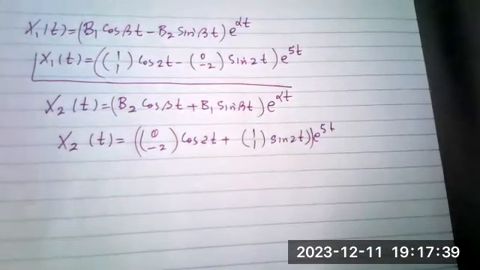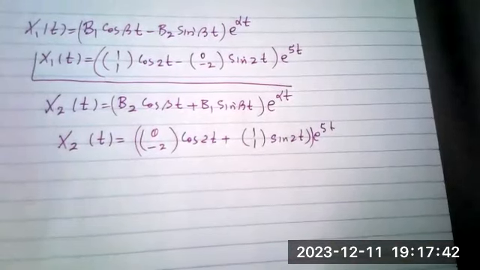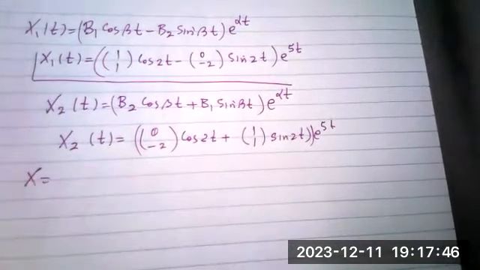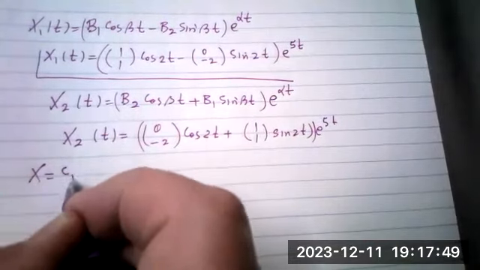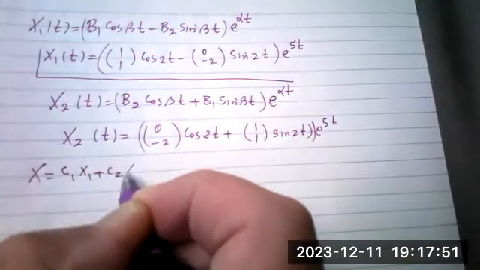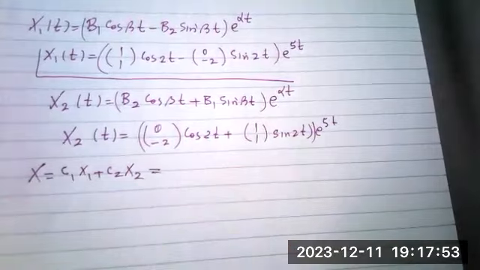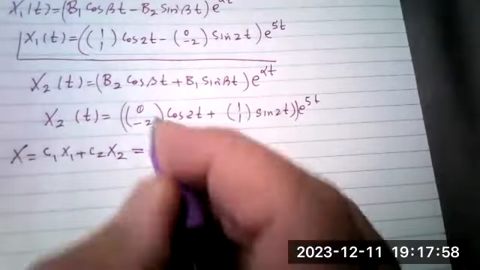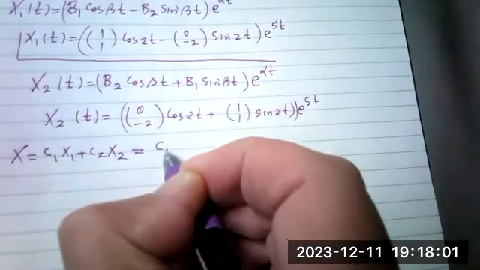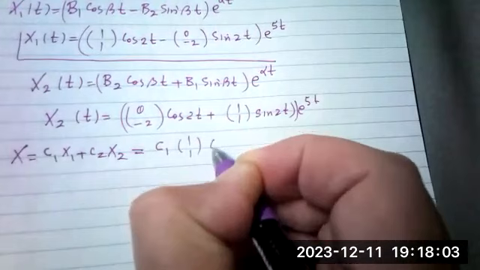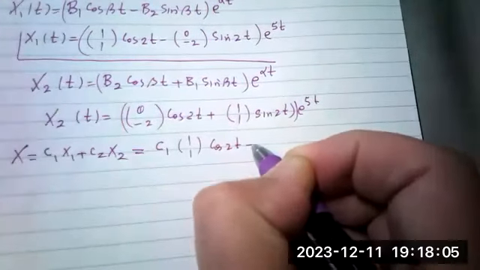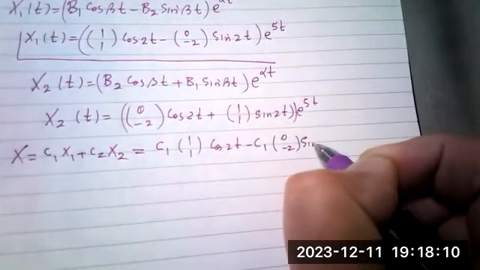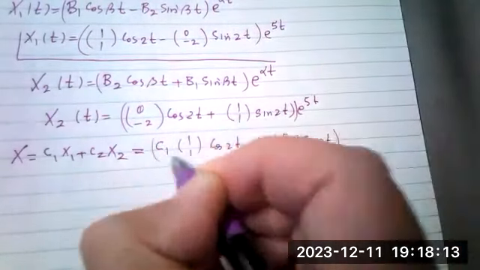You have to group them together because you have an initial condition. So the general solution is C1 x1 plus C2 x2, which is going to be equal to C1 (1, 1) cosine of 2t minus C1 (0, -2) sine of 2t, times e to the 5t.